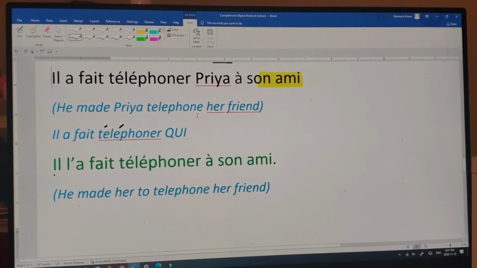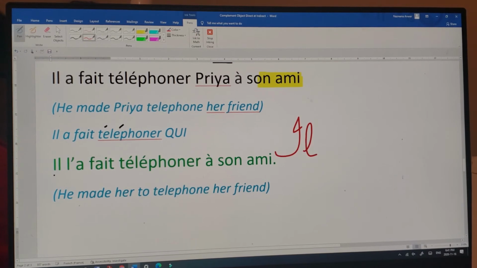He made Priya telephone her friend. So il a fait téléphoner Priya. He made who call her friend? Priya call her friend. So il a fait téléphoner qui? Priya. So Priya is what? Direct object. So once again, for the direct object we use what?